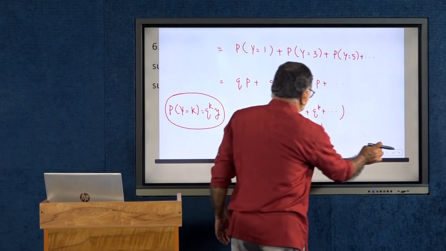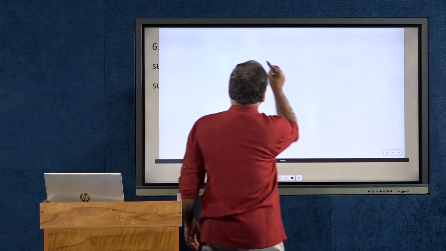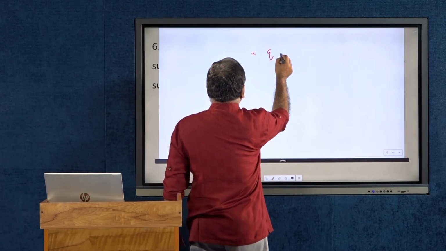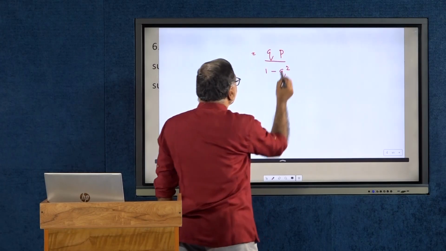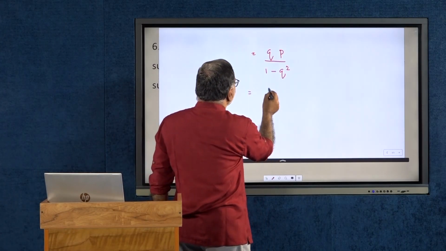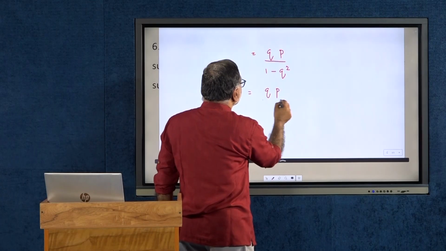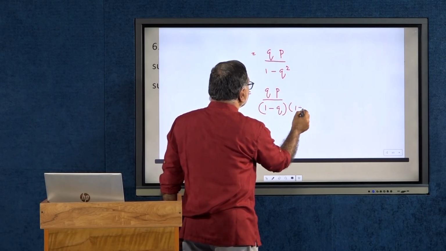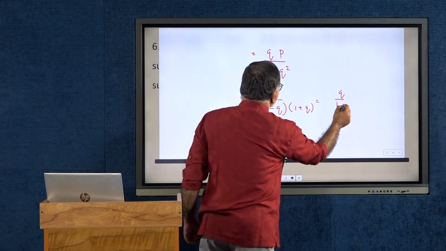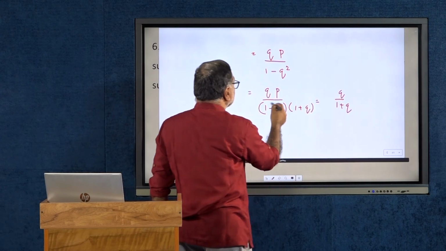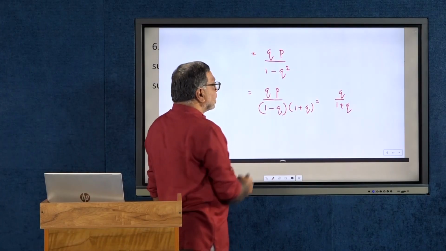So, that is equal to qp divided by 1 minus q square, and that is qp divided by (1 minus q) into (1 plus q), or that is q divided by 1 plus q, because 1 minus q is p and that p is cancelled.